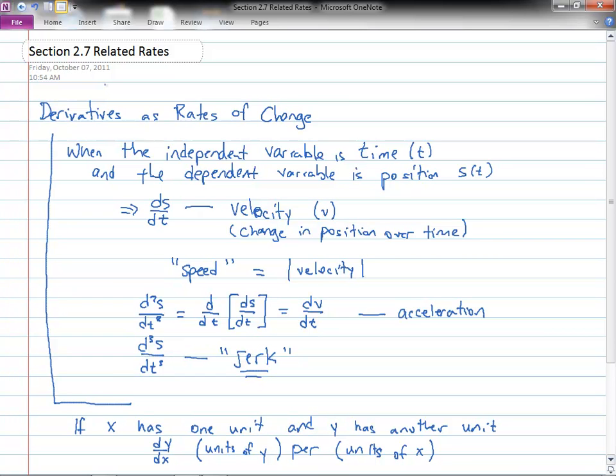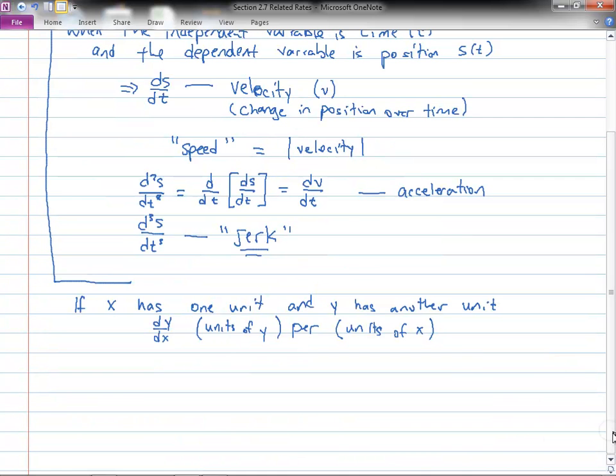The radius would change in unit measures of, I don't know, inches per second. How fast is the area changing? Square inches per second. How fast are those related to each other? It depends on the original relationship of the two. That's what we're going to be talking about when we talk about related rates.